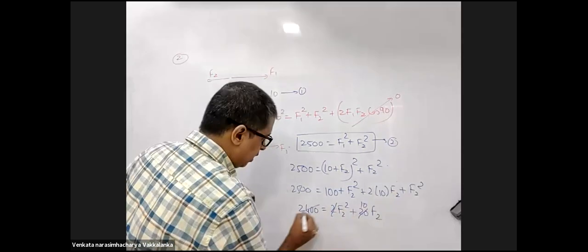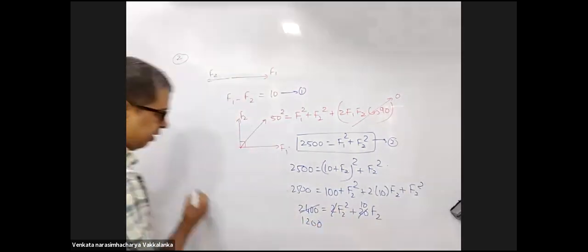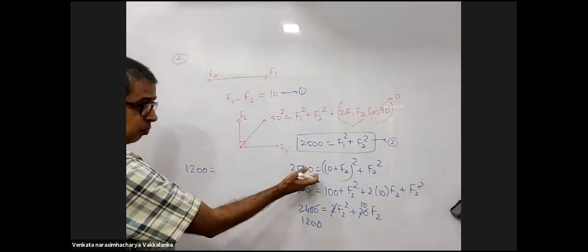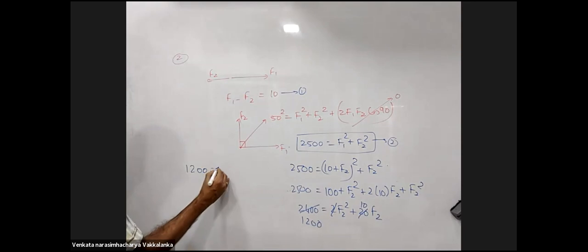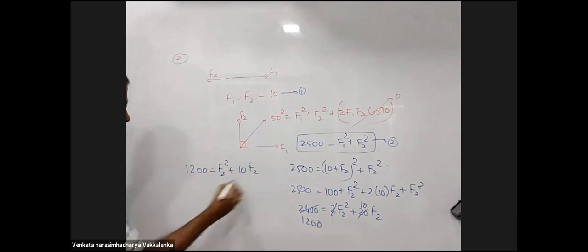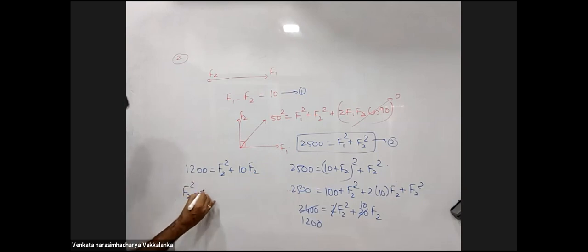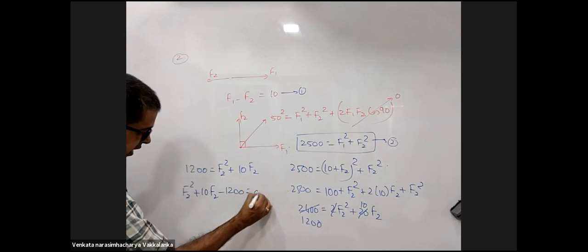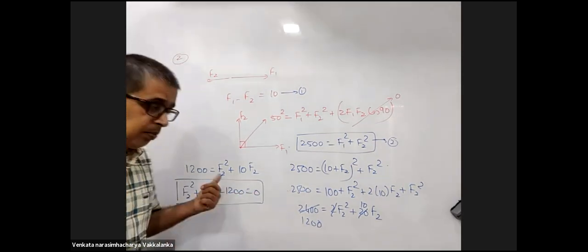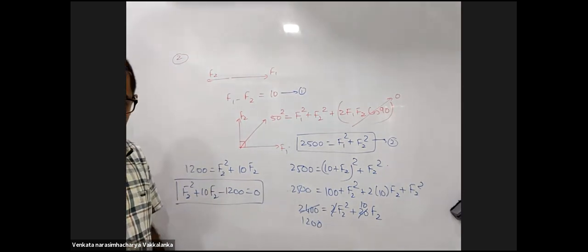Divide by 2, 1200. It's not fair that you are making me do the simplification. How can this be an answer, you tell me? F2 square plus 10F2 minus 1200 equals 0. People who cannot solve this quadratic, please raise your hands.